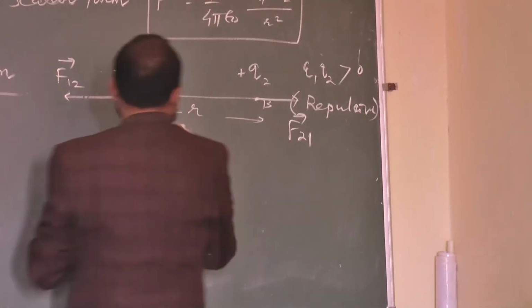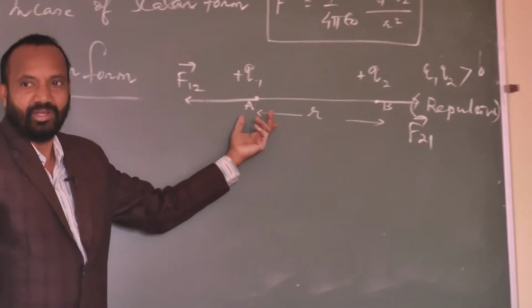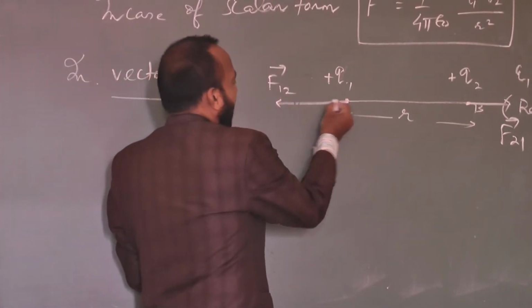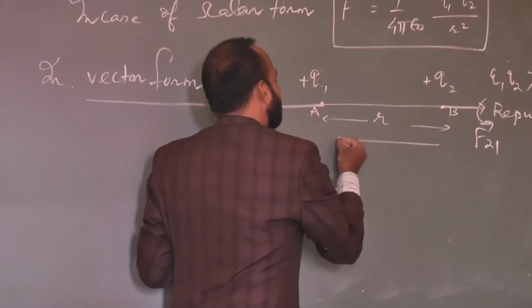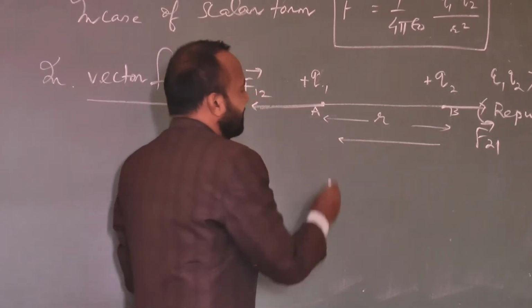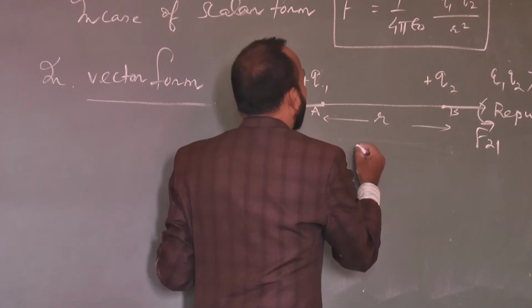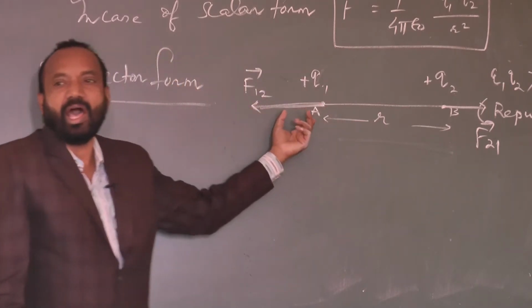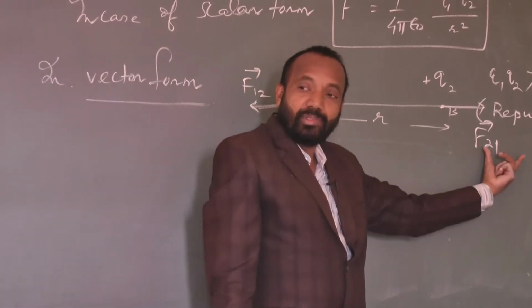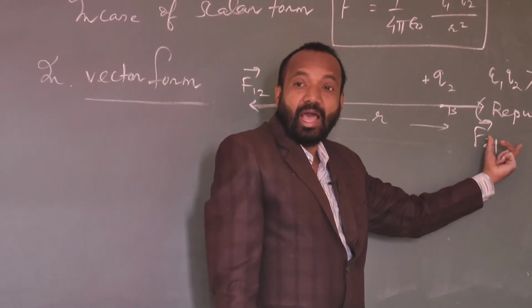Now I want to measure the distance. For F12, the distance is measured as r21. For F21, the distance is measured as r12.